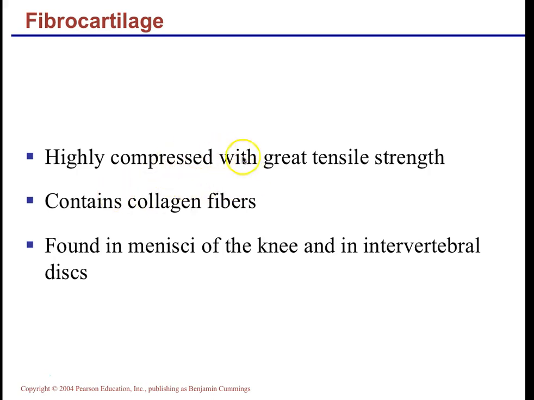The meniscus of the knee is part of the knee that is going to have to bend as it moves. And also between the discs of your vertebral column, that provides a cushion, and it allows you to do yoga poses. So it's going to be found in the intervertebral disc.